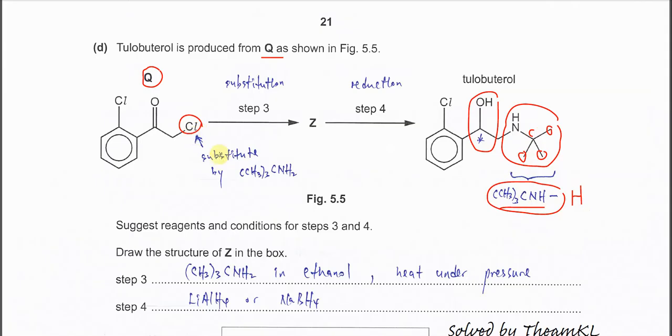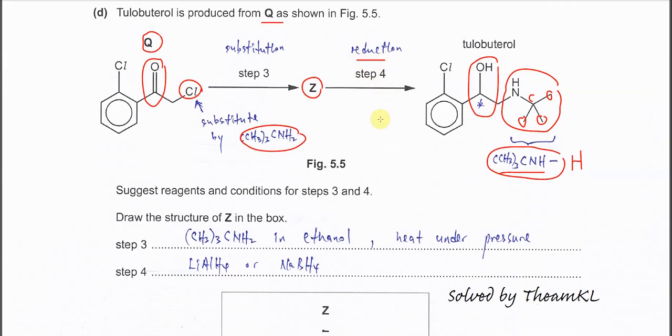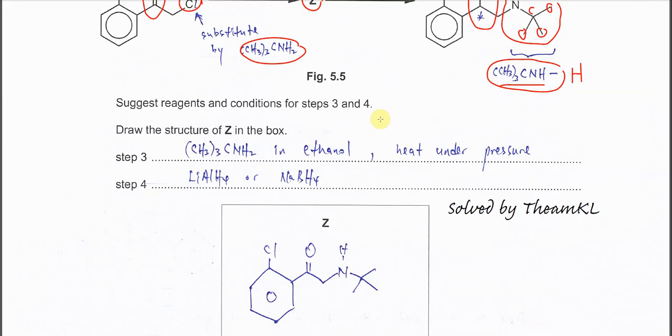So from this part we can deduce the amine that is used. After that, it forms Z, and this Z will be the one that forms the alcohol. The carbonyl group now undergoes reduction, so you add 2 hydrogens, 1 hydrogen here and another here, to form this alcohol. So step 4 is a reduction step. This is how you deduce the answers.